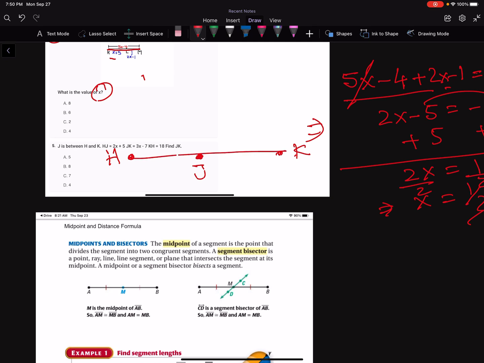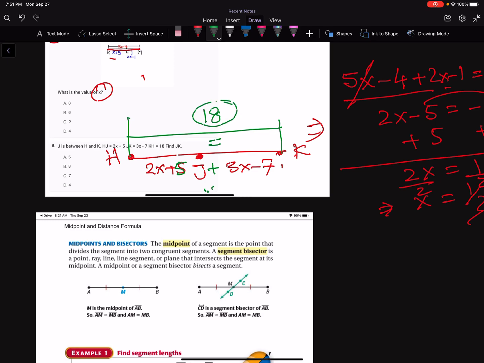HJ is 2x plus 5, JK is given as 3x minus 7, and the whole KH is 18. You have to be able to draw the figure, then things will be quite easier for you. So 2x plus 5 plus 3x minus 7 should be equal to 18. You form the equation and solve it. It's quite simple.